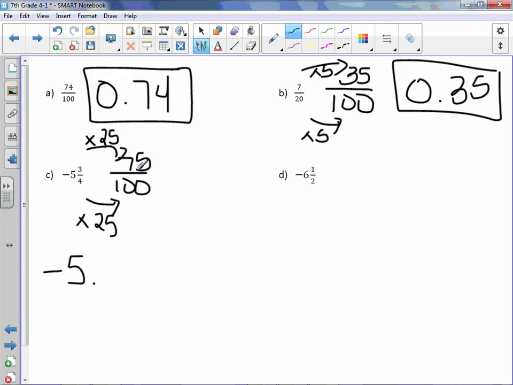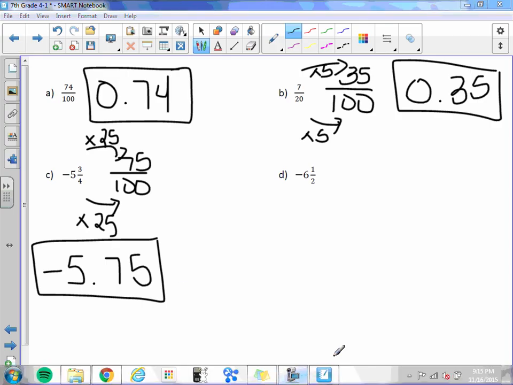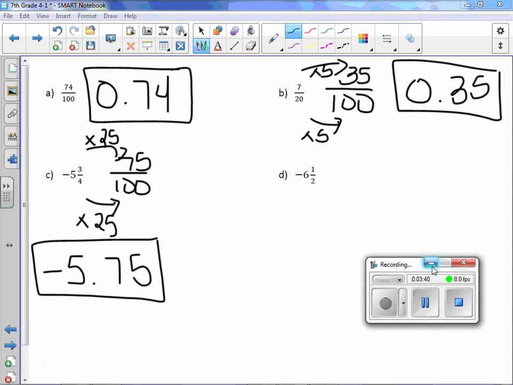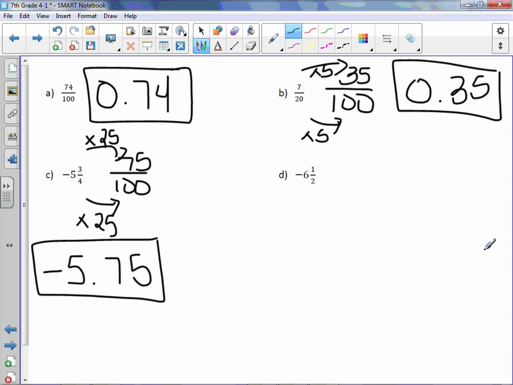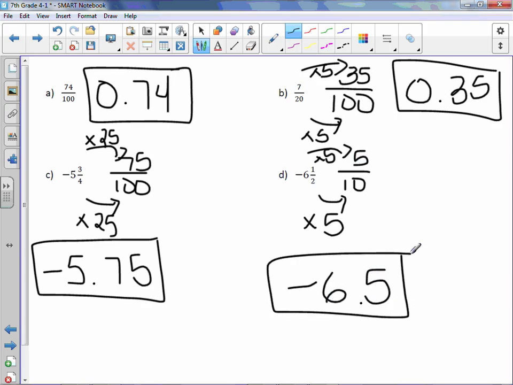So 75 hundredths, -5 and 75 hundredths means our decimal is -5.75. -6 1/2, I can make this into a denominator of 10 by multiplying top and bottom by 5. So we have -6 5/10, or -6.5.